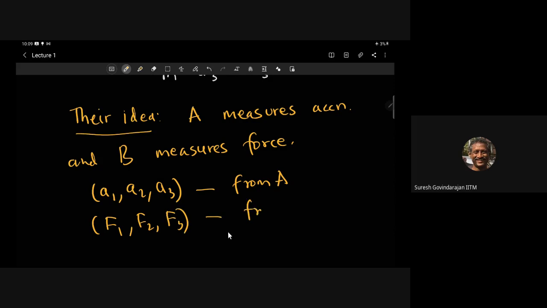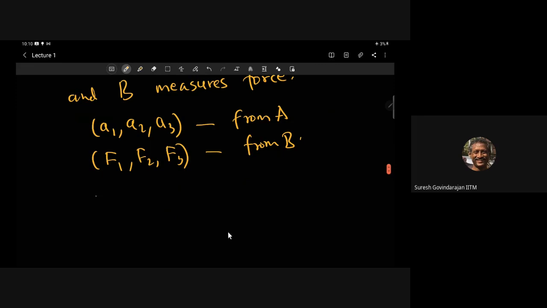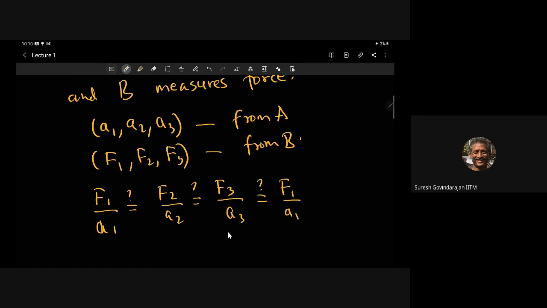Then you go ahead and compute F1 upon A1, F2 upon A2, F3 upon A3; this should be m, with a question mark. Right, so this is what they want to check.